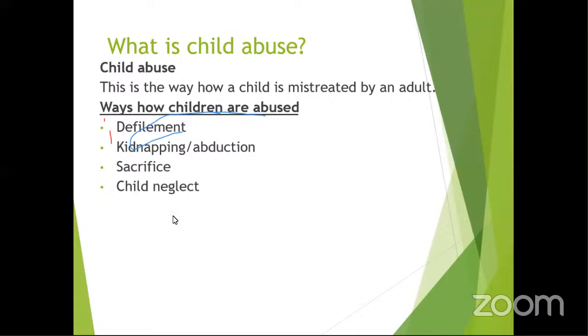We are talking about child neglect. The other one is harassing. A child is there, and then you're coming with a very loud, tough voice, harassing the child. It is one of the ways children are mistreated. A child gets belittled, ashamed.